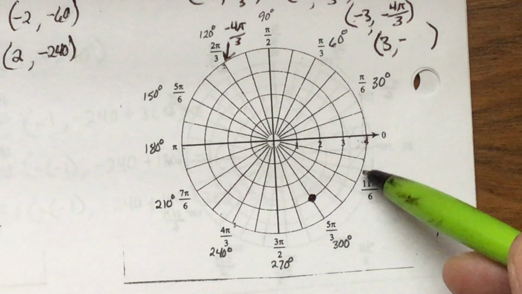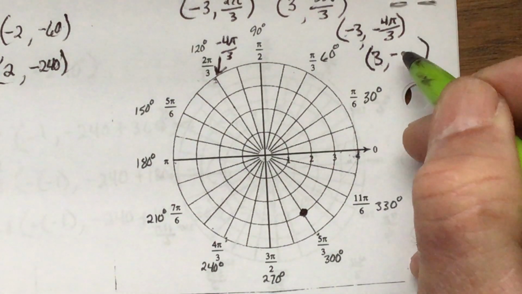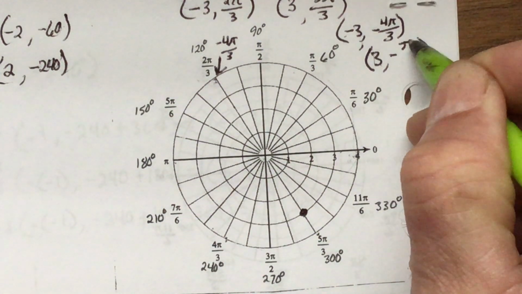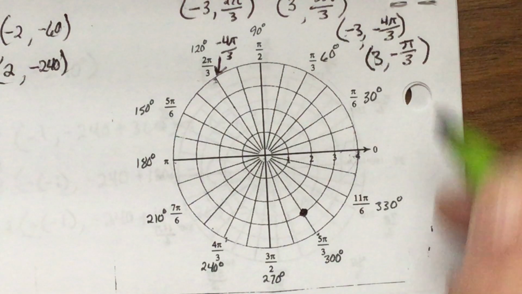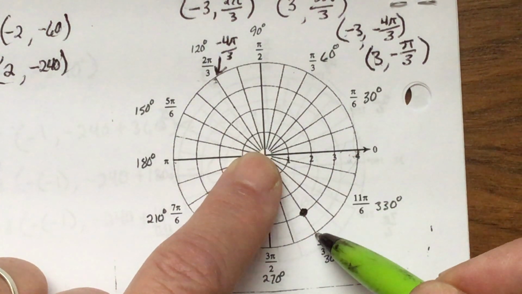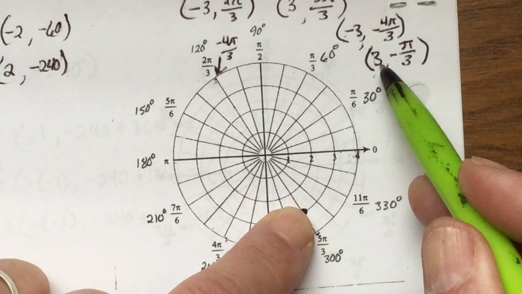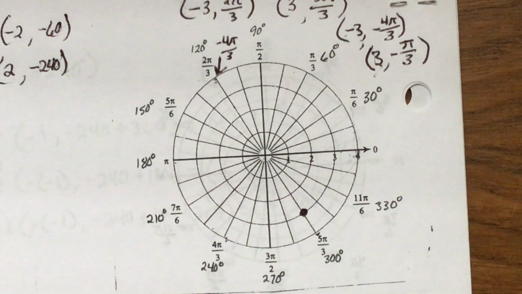So that means I'm going negative pi over 3 to get to here. And that was my final measure that I needed. So I rotate negative pi over 3. This is the direction of my rotation, so I'm going in the positive 3 for my radius.